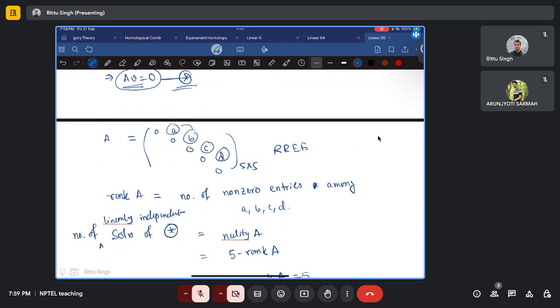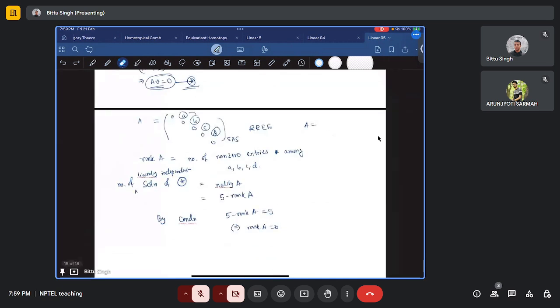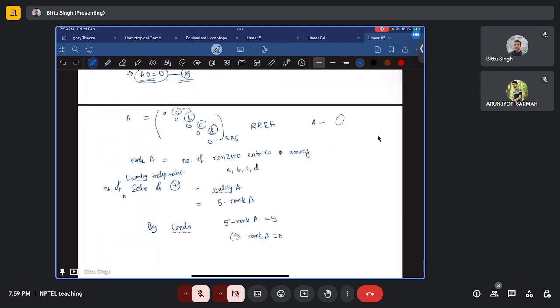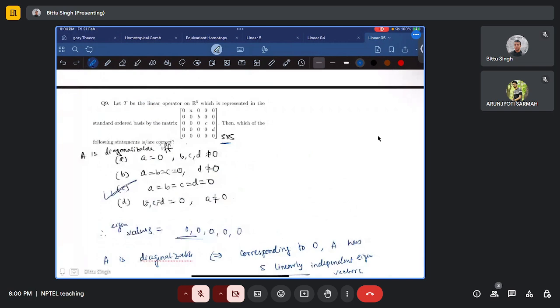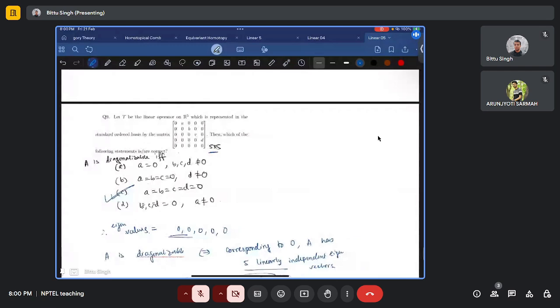So the final thing is A, B, C, D must be 0. Otherwise, we will not have 5 linearly independent solutions. So this is the only answer. Okay, let me stop here.